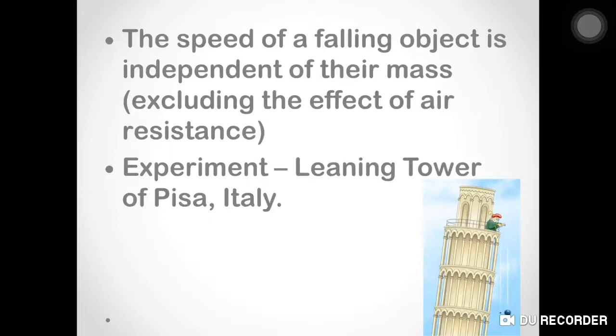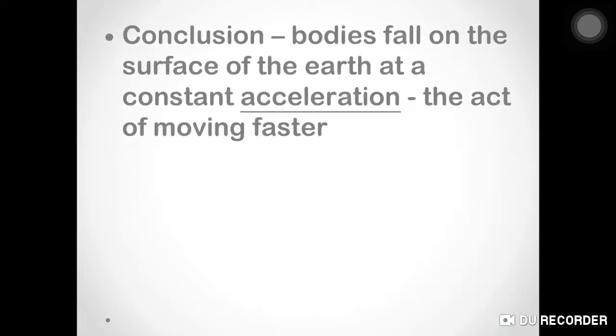And according to him, and according to that experiment, these two balls of different mass released at the same time fell into the ground at the same time as well. So that is the outcome of his experiment. His conclusion: bodies fall into the surface of the earth at constant acceleration.